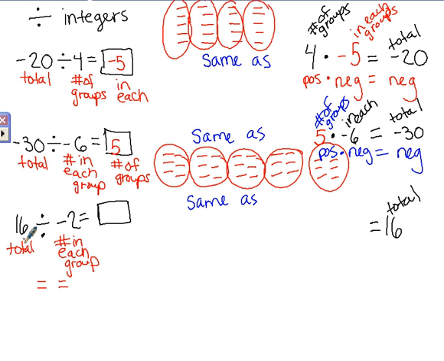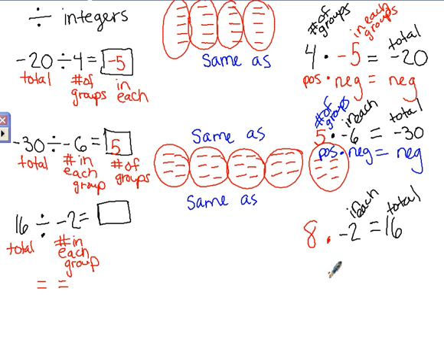Using my idea of fact families, I also know there's -2 in each group. And again, what I'm trying to figure out is how many groups. Well, I know that 16 divided by 2 is 8, so I know this number is going to be 8. But I have to figure out, what will the sign be? Will it be positive or will it be negative?